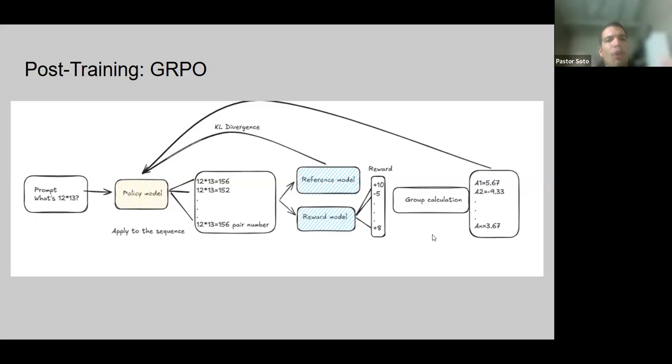And then it goes to a group calculation, which is essentially a score to evaluate the mean and the standard deviation and evaluate the advantage, which is how much you gain relative to the overall rewards that you have in your space of rewards. And that goes back to the policy model, and they apply that at the token level.